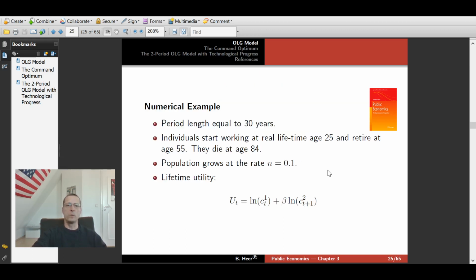Now in the following, we will look at a numerical example. So we will pick an instantaneous utility function. Here we take the case that sigma is equal to 1, so that our intertemporal elasticity of substitution is equal to 1, which results in a logarithmic utility function.